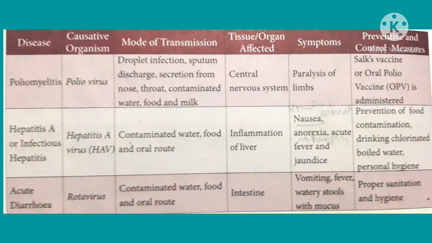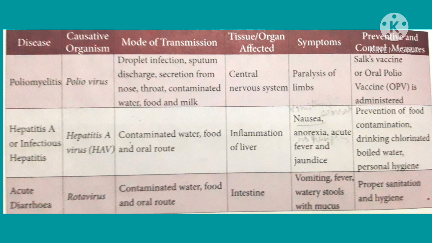Okay. Symptoms: paralysis of limbs. They cannot walk. Limbs means legs and arms. Next, preventive and control measures: Salk vaccine or oral polio vaccine.